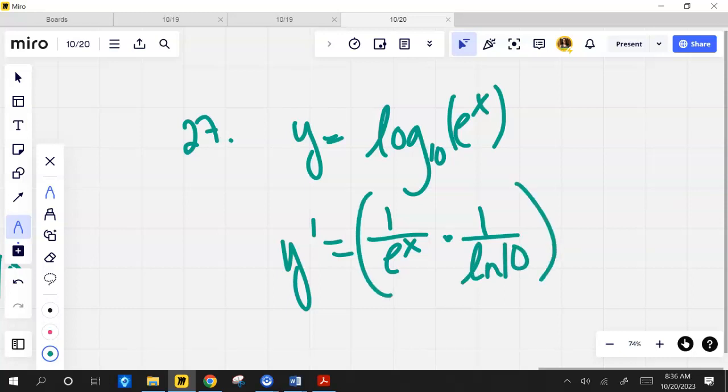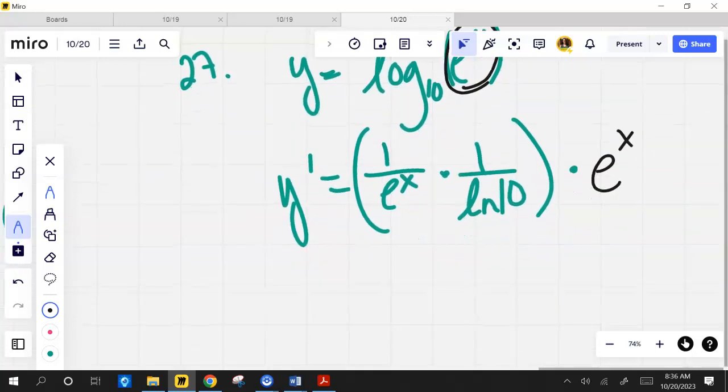None of this is chain yet. Now I'm going to chain, and whenever I chain, what am I finding the derivative of? E to the x, right? So what's the derivative of e to the x? E to the x. Well, that's going to be in the top and the bottom. So I just have 1 over log.